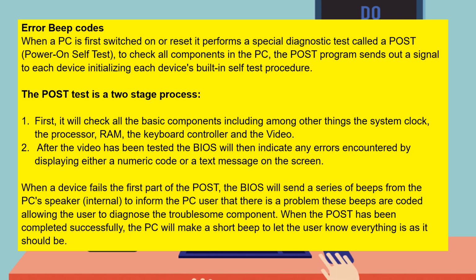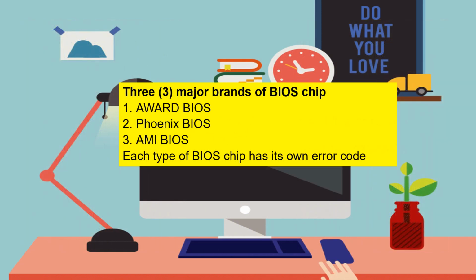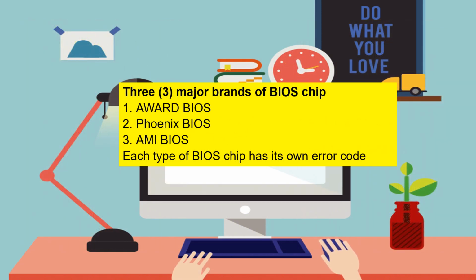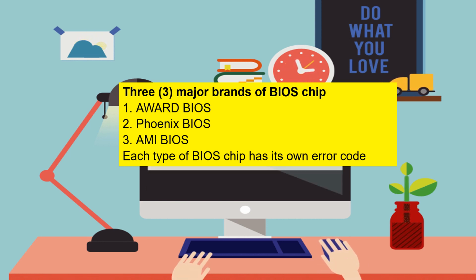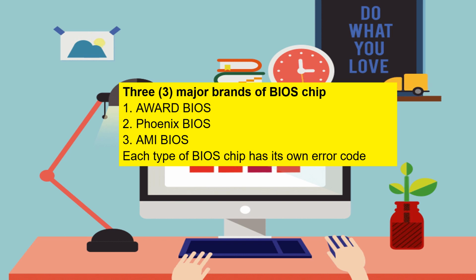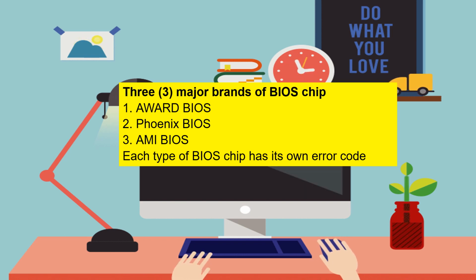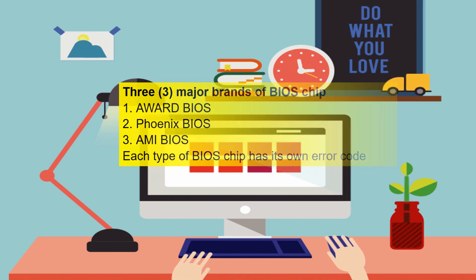When the POST has been completed successfully, the PC will make a short beep to let the user know everything is as it should be. Three major brands of BIOS chip. We have the Award BIOS, the Phoenix BIOS, and the AMI BIOS. Each type of BIOS chip has its own error codes.